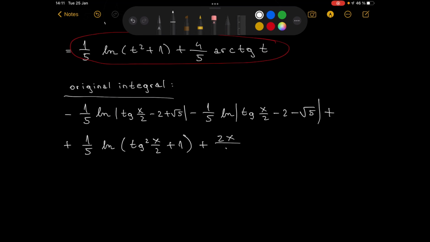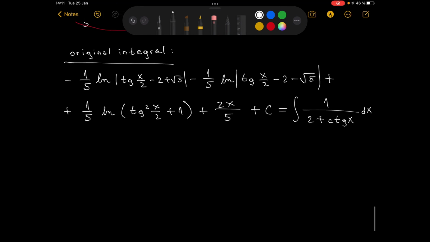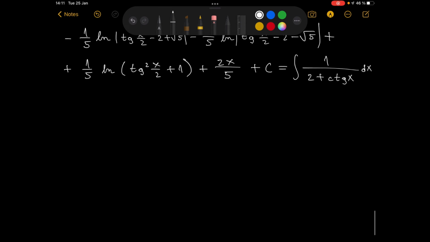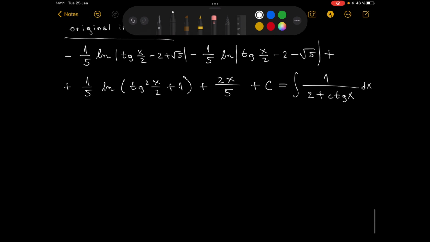Plus 2x over 5 plus c is equal to the integral of 1 over 2 plus cotangent of x dx.